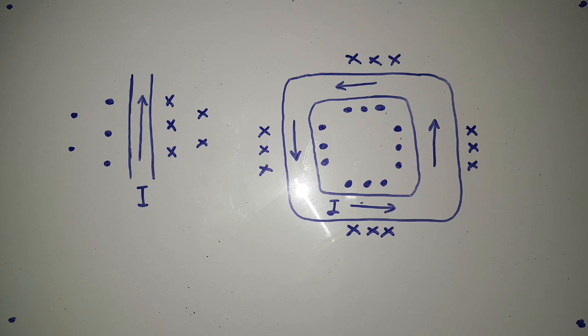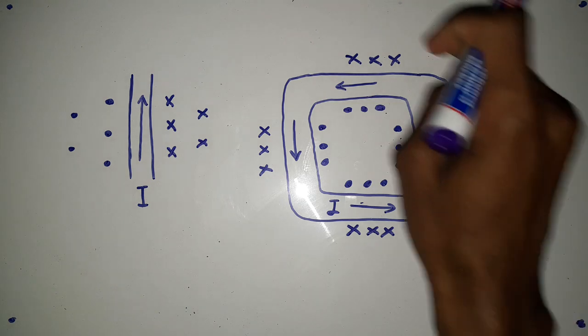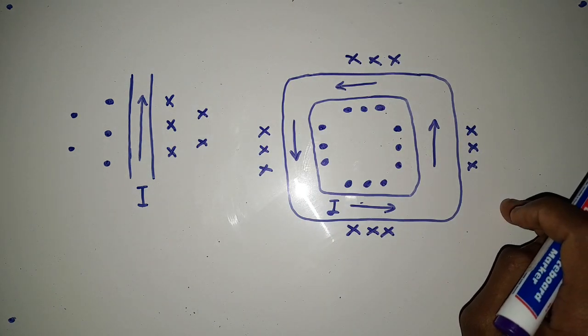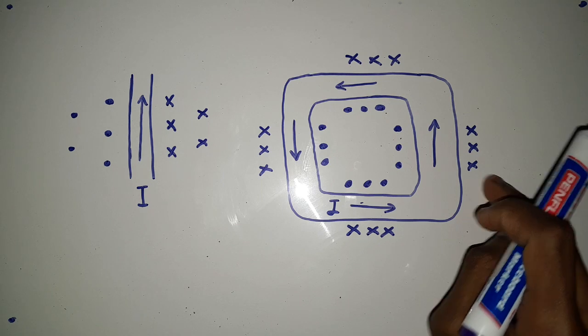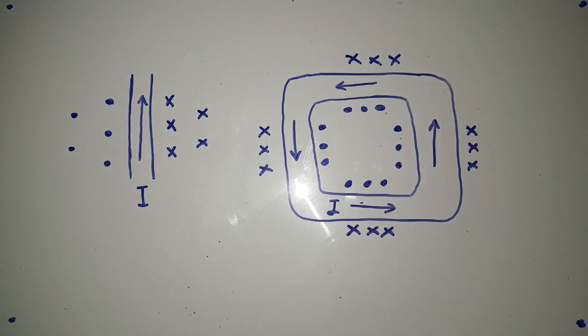This is the direction of the magnetic field. Outside we get a situation which is towards. Inside we get a situation which is out of the page. I was trying to make it easy. I hope you got it.